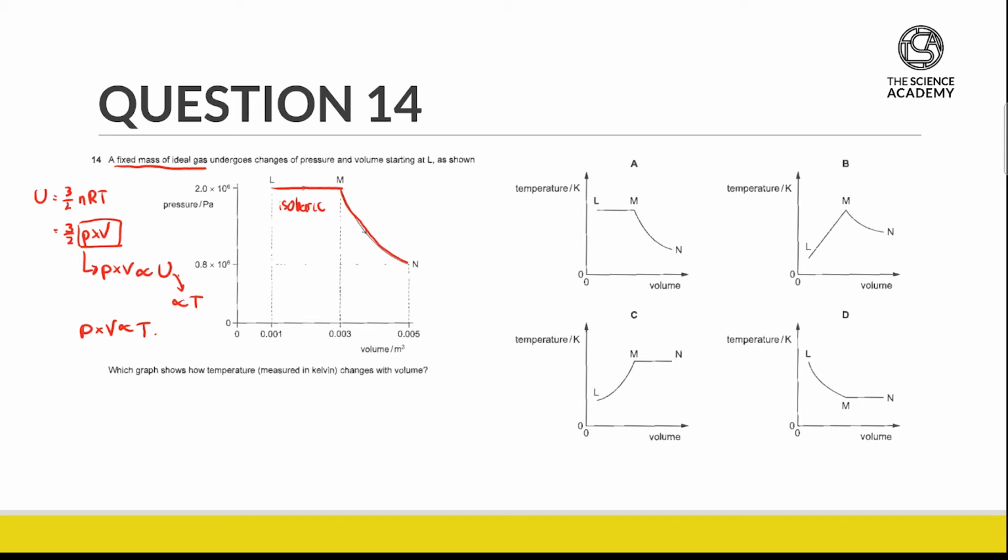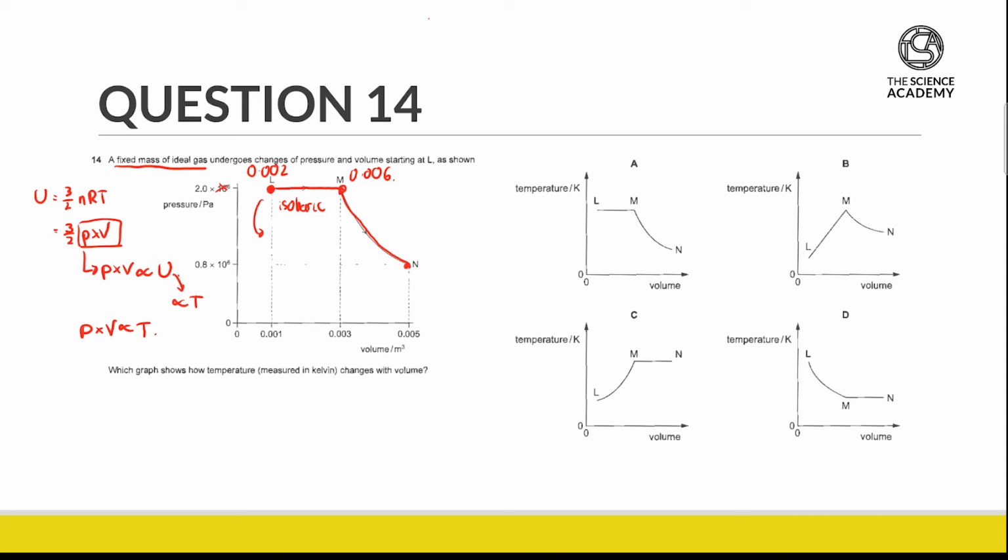So when we are dealing with this particular question, let's just figure out what the PV value is for each respective point. So our first PV value is going to be 2 times 0.001. I'm just going to ignore the orders of magnitude, so I'm going to take 0.002, times 10 to the power of 6. And at M, if I ignore the orders of magnitude, 2 times 0.003 is going to give me 0.006.